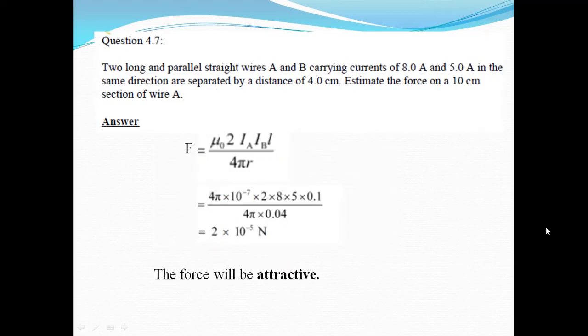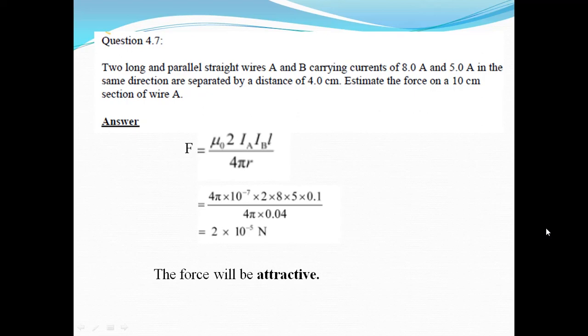Next question. Two long and parallel straight wires A and B carrying currents of 8.0 ampere and 5.0 ampere in the same direction are separated by a distance of 4.0 centimeter.